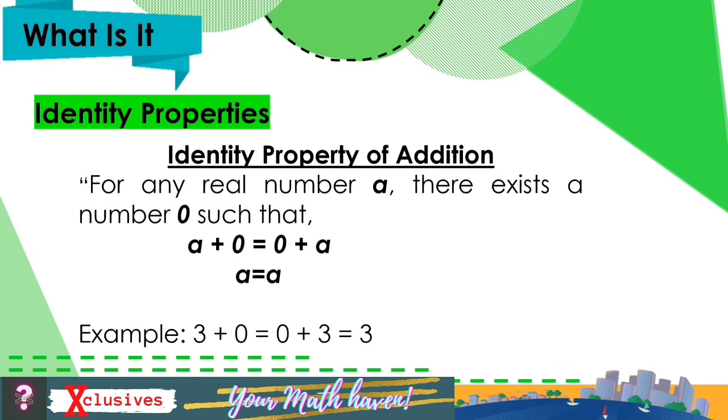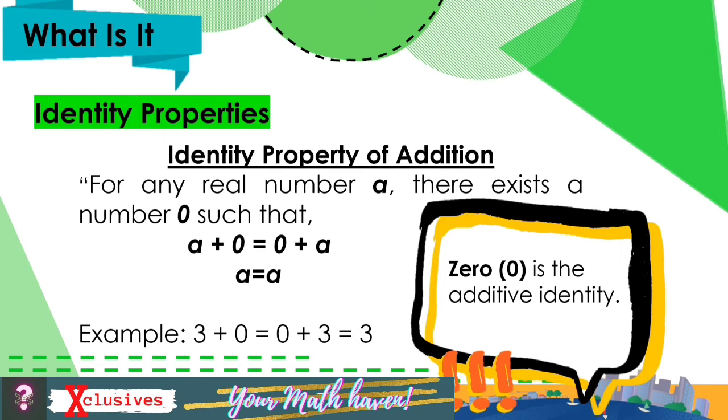With this, we could see that any number added by 0, the result is just itself. In other words, we could say here that 0 is our additive identity.